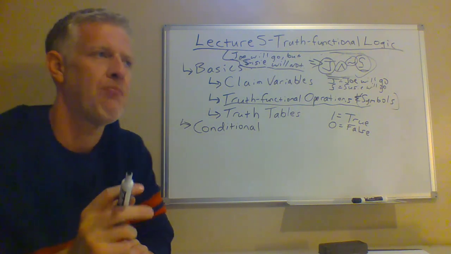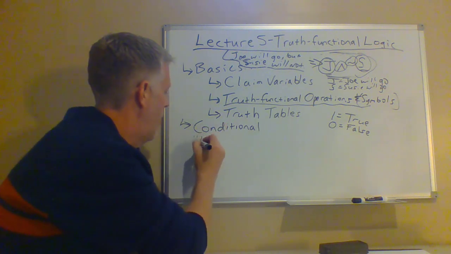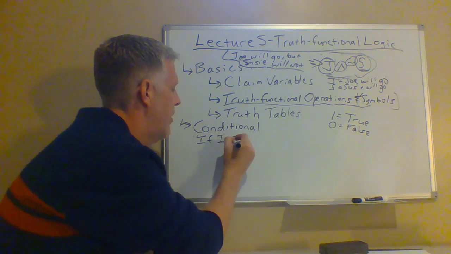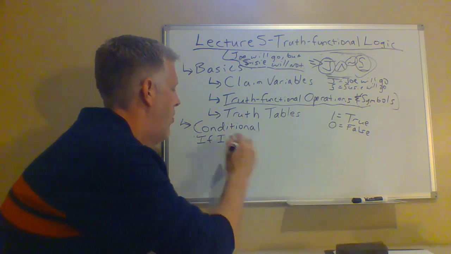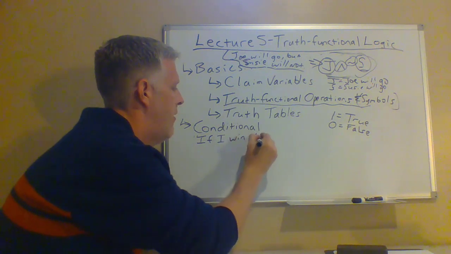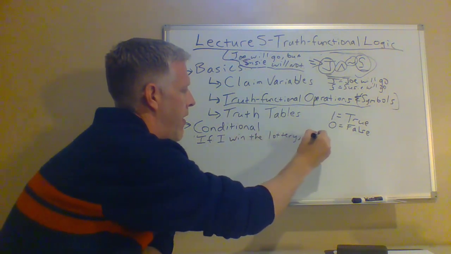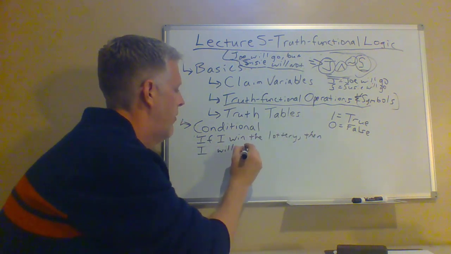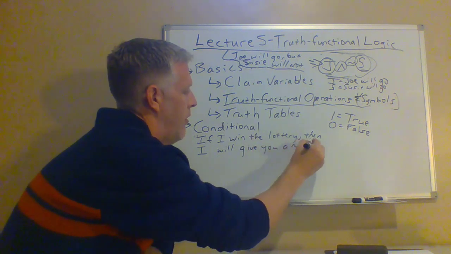Let's say I said, if I win the lottery, I'll give you $1 million. So someone says, in the everyday sense, if I win the lottery, then I will give you $1 million.